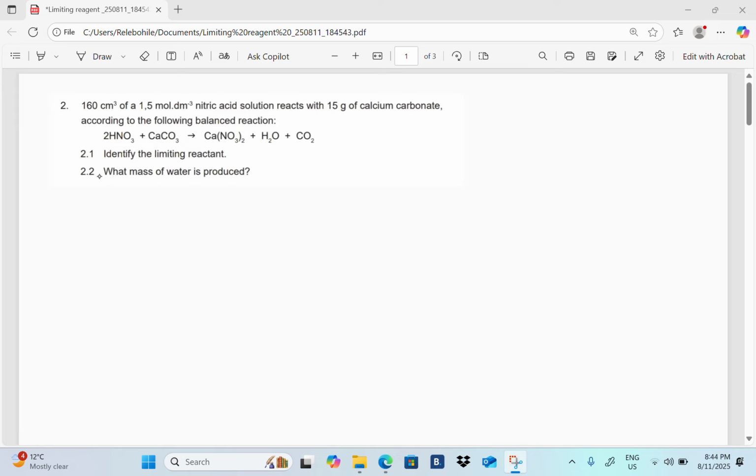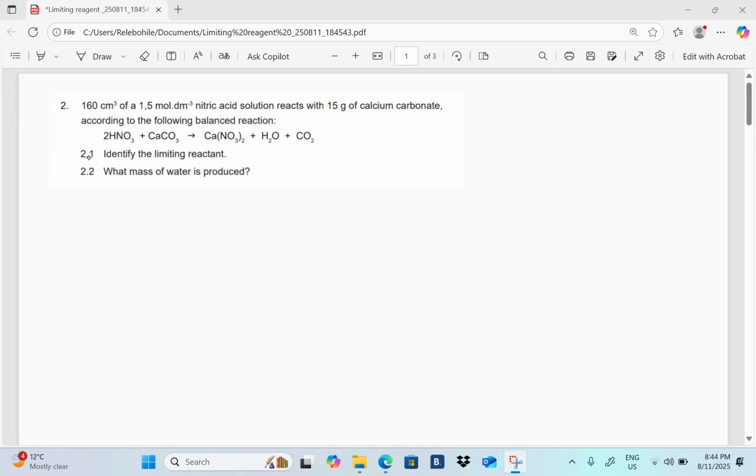Before I get into our question, when dealing with these types of questions, one of the things you need to ensure is that your equation is balanced. In this case we are told that we have a balanced reaction, so we don't have to balance it, but you can always double check. We won't do that for now because I trust that this one is balanced accordingly. Now let's get into our question.